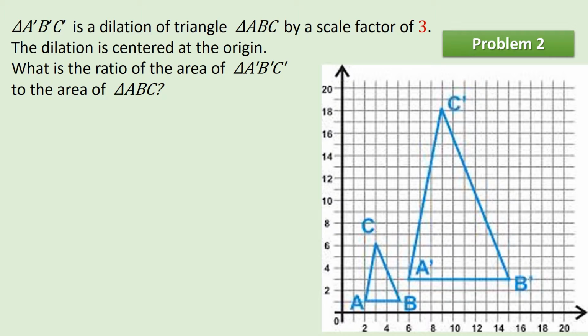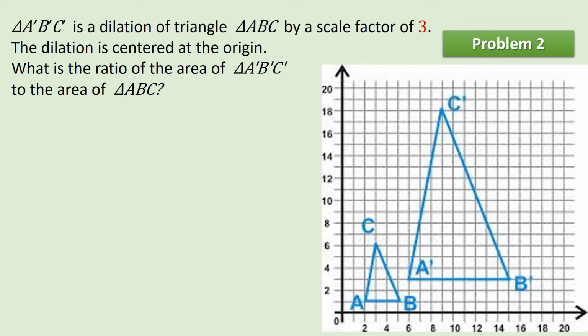Alright, you should notice that problem number 2 uses the same triangles that we had before. We still have triangle A prime, B prime, C prime as a dilation of triangle ABC, and its scale factor is 3. The dilation is centered at the origin.